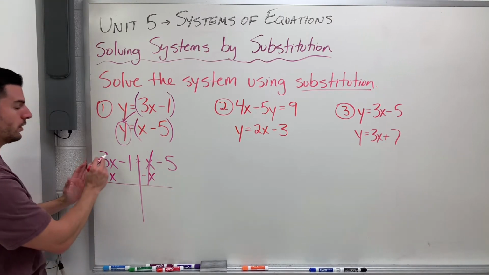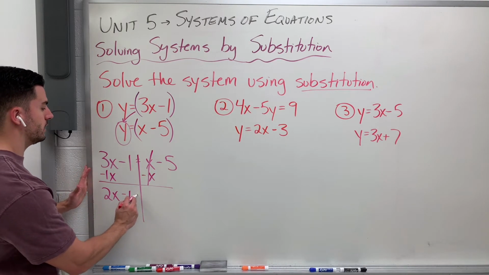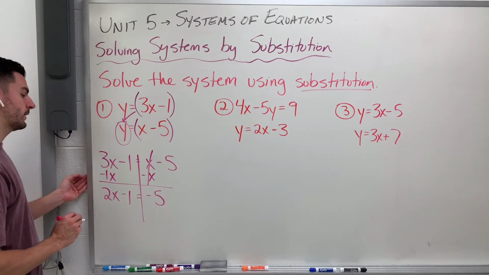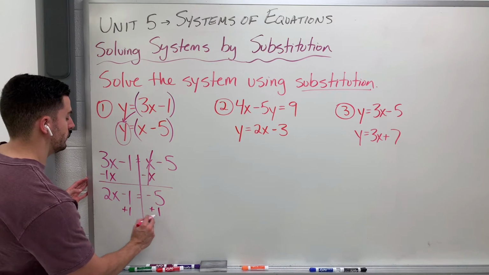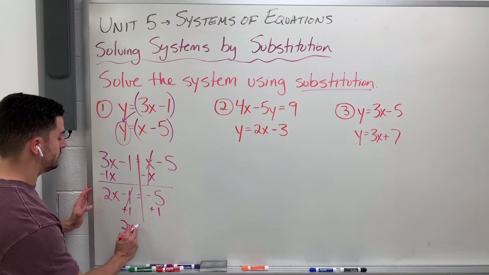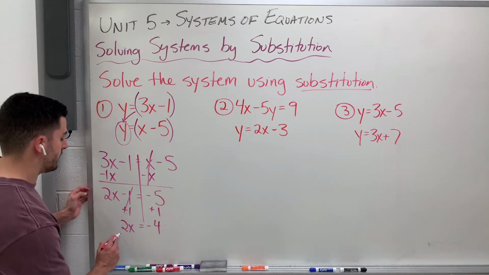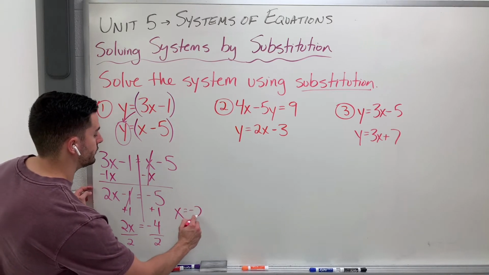So I do that. 3x minus this 1x gives me 2x minus 1 equals negative 5, okay? And now I'm going to add this 1 to both sides, and I'll be left with 2x equals negative 4, and then I'm going to divide by the 2, so x equals negative 2.